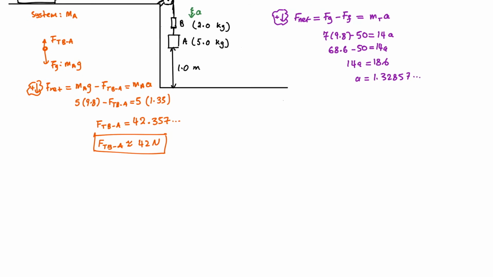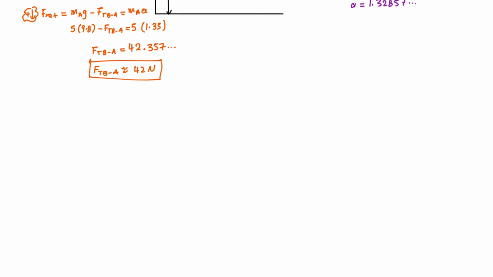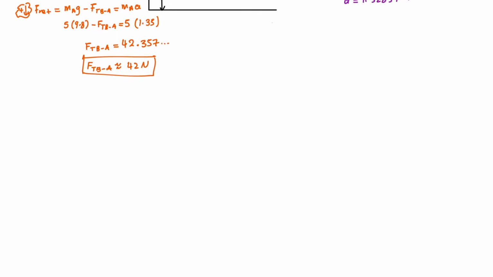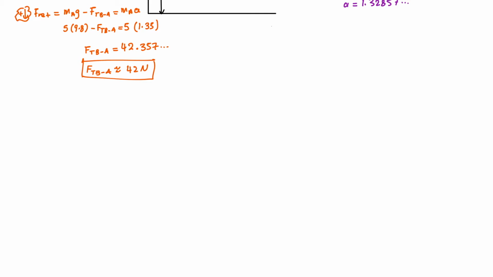So let's actually draw a system diagram of what's happening now. And I'm just going to leave this value A here for now because we're going to need it a little bit later. I'm going to draw a nice system diagram, let's do it in black.